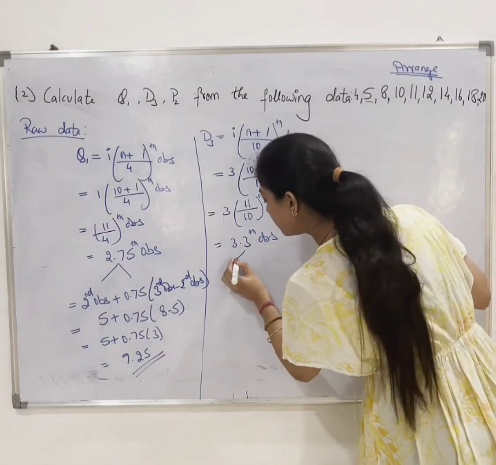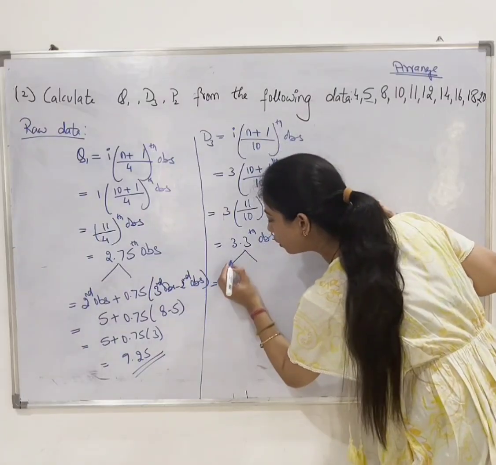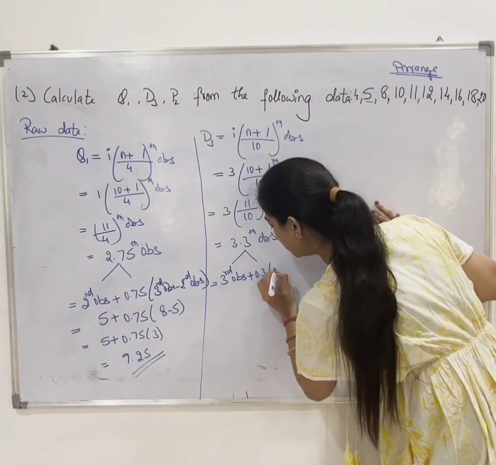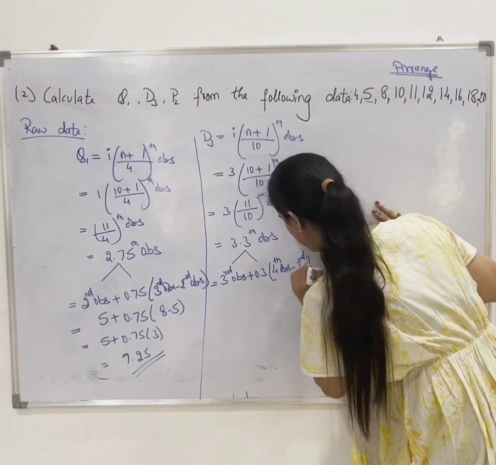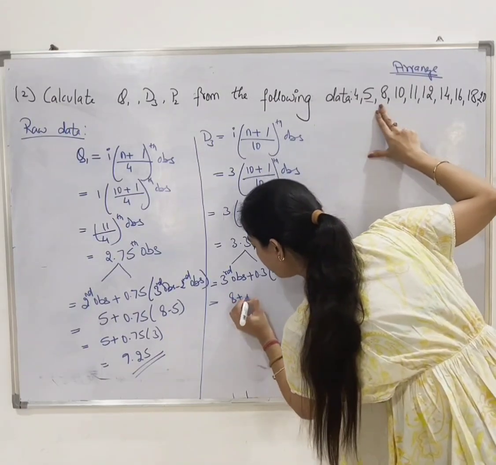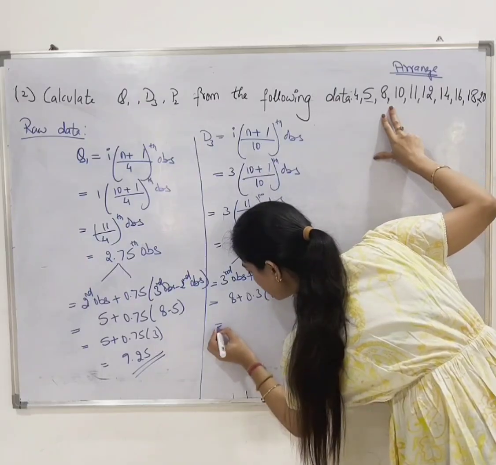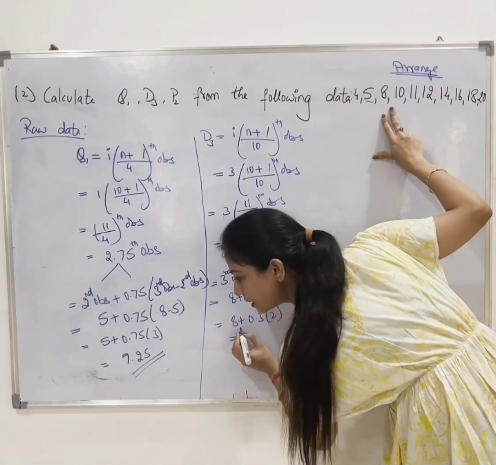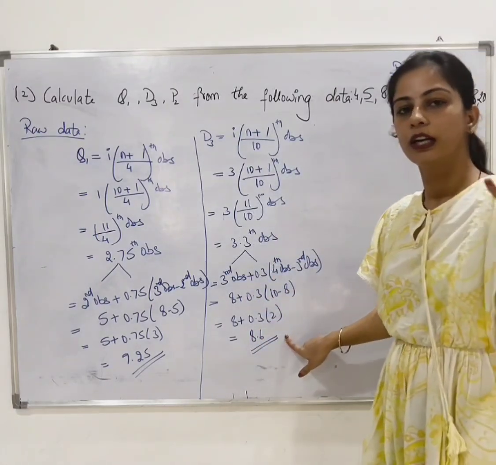Again we will break this down since it lies between the third and fourth observation. So we write third observation plus 0.3 into (fourth observation minus third observation). The third observation in the data is 8, and the fourth is 10. So 8 plus 0.3 into 2, and the final answer is 8.6. So this is the value of the third decile.